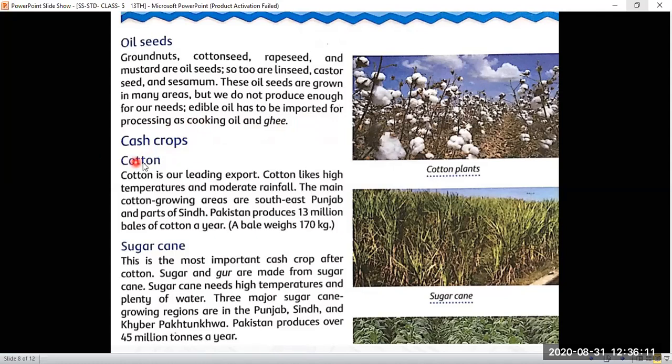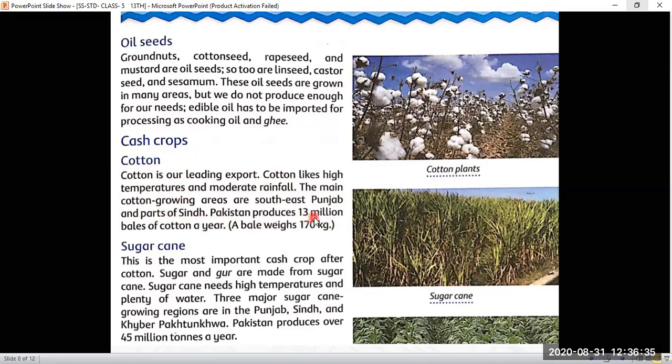Okay, now we are talking about the cash crops. Number one is cotton. Cotton is our leading export. Cotton likes high temperatures and moderate rainfall. The main cotton growing areas are southeast Punjab and parts of Sindh.